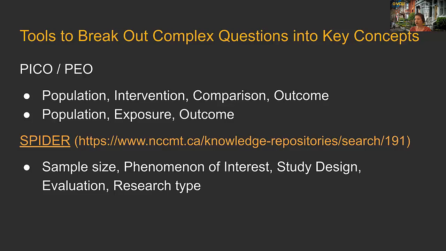So these are very common in the health sciences. There's also a framework called SPIDER. That stands for sample size, phenomenon of interest, study design, evaluation, and research type. So there's probably many more frameworks out there. We just wanted to provide these as an example.